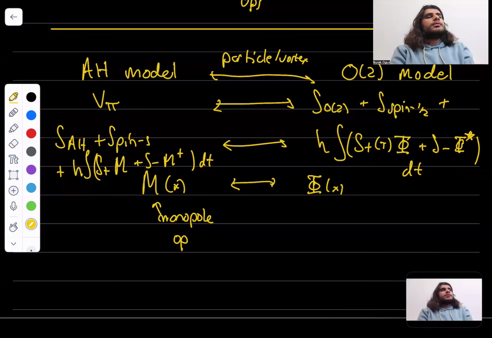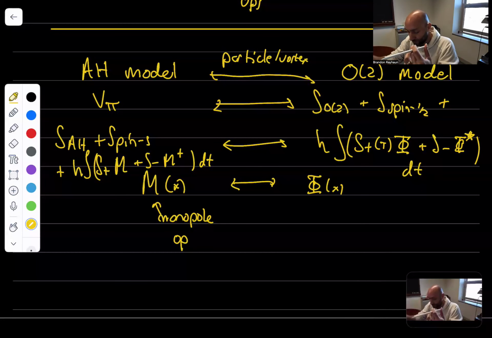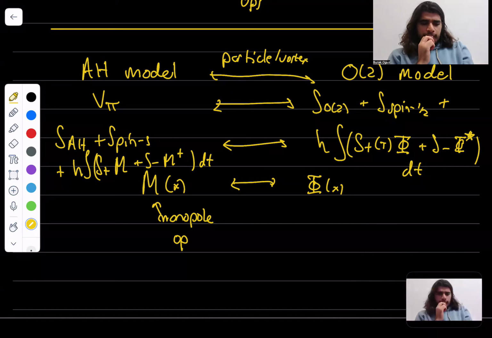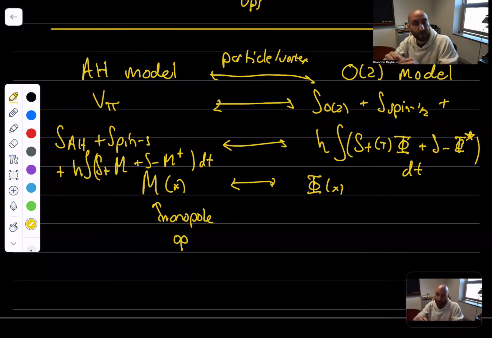For higher spin, we don't have a nicer form that I know of for these higher spin impurities on the abelian Higgs side. So they are kind of like monopoles with higher spin? Is that how we think about them? No, the spin here refers to the spin of the qubit that you're coupling.